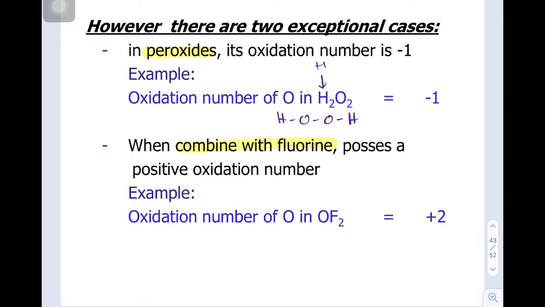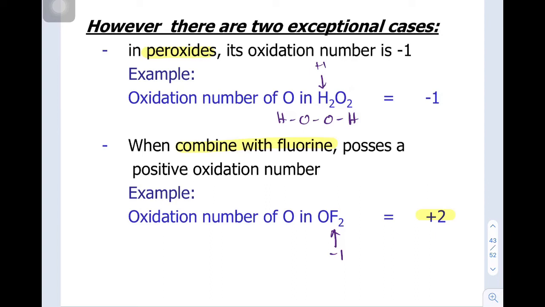The second exception for oxygen is when it is combined with fluorine, since fluorine is always -1, so that it will make oxygen's oxidation number become +2. An example is given in OF2.